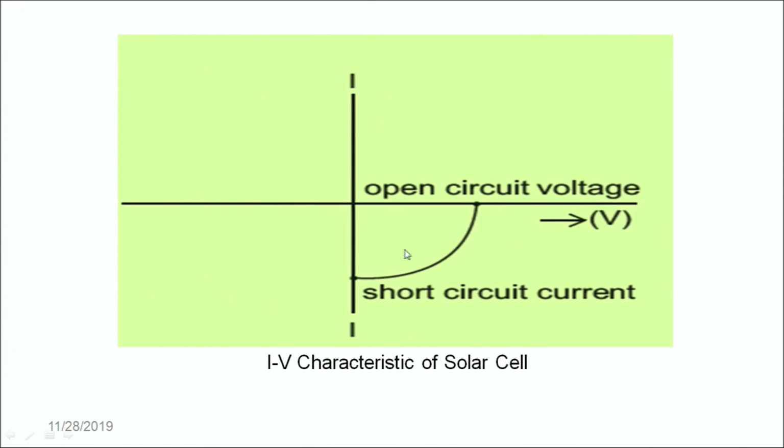Both the N and the P side collect a large number of electrons and holes, thereby generating an EMF. In the short circuit condition, that means when the current is drawn from the circuit, a large amount of current across that EMF flows to the circuit. This represents the IV characteristic curve of the solar cell.